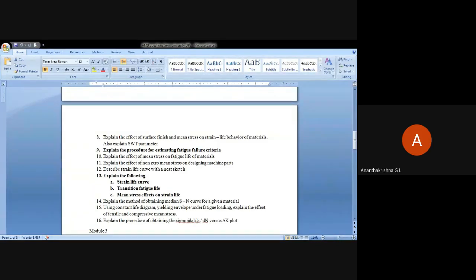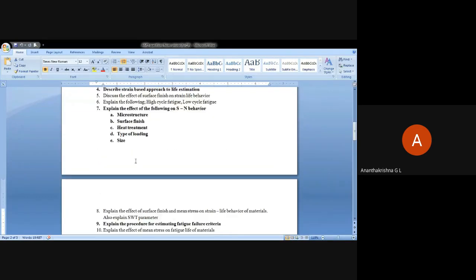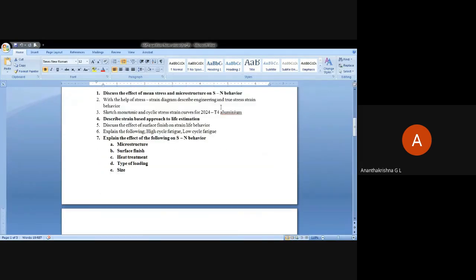Finished noting down these two questions? Hope you have finished. Strain-based approach to life estimation. So that we'll see now.